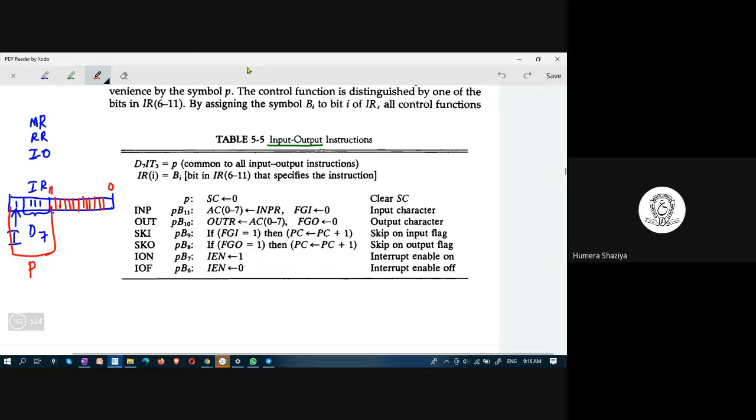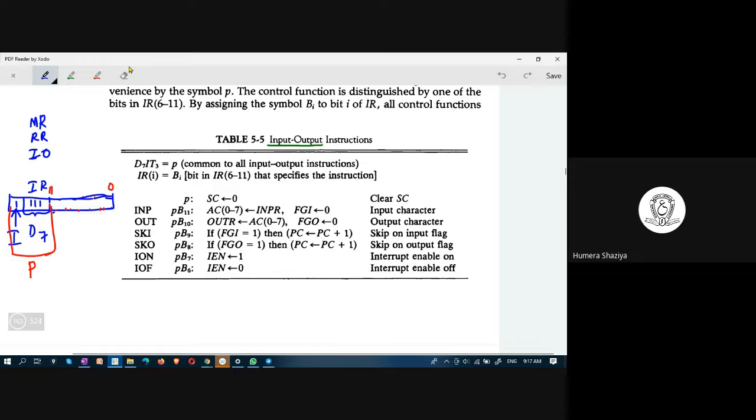So this is 11th bit. This is 10th bit. In 11th bit, can anyone tell me what is the instruction? Input, ma'am. Yes, very good. INP, input.